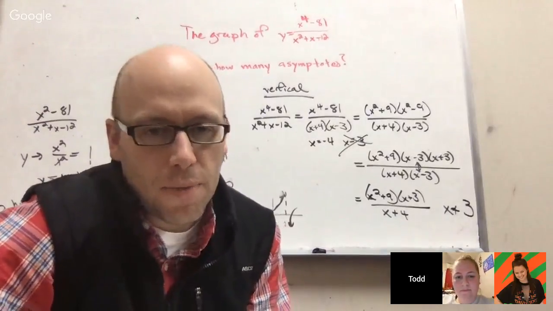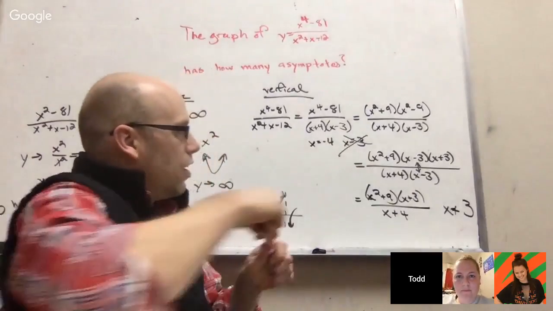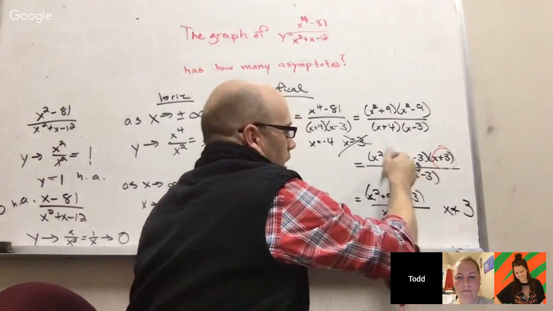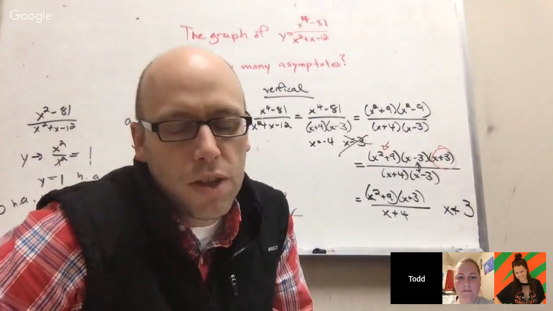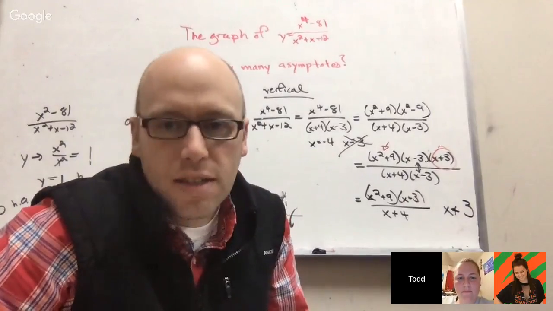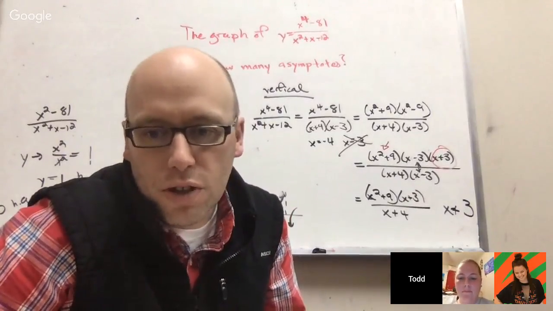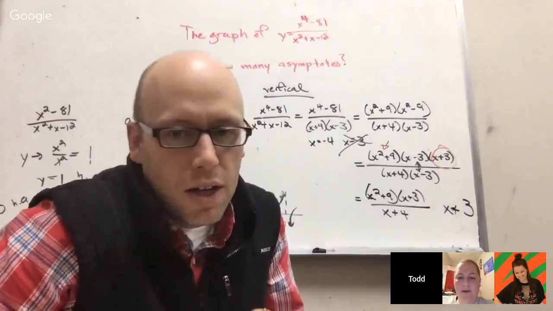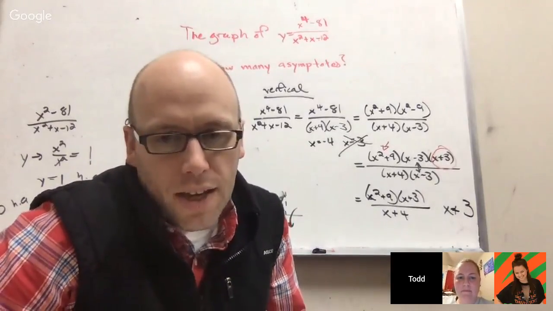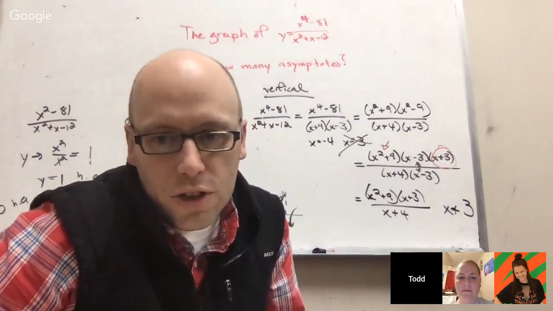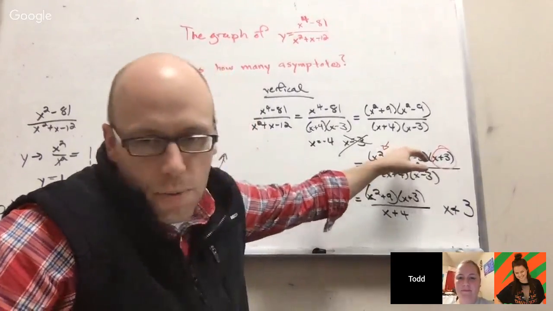I'll say one more thing about it. This right here, and this to a lesser extent, would give you your x-intercepts, your zeros. When the numerator is 0, that's going to be an x-intercept for the graph, because the whole function ends up being 0. So, important points for a rational function: zeros in the numerator give you x-intercepts.